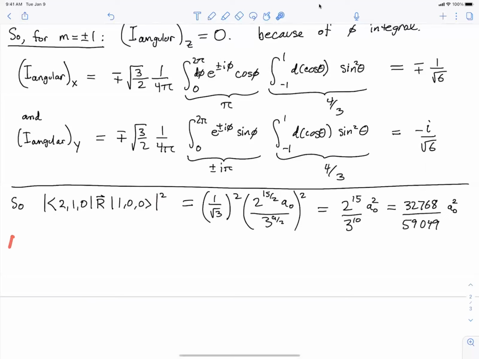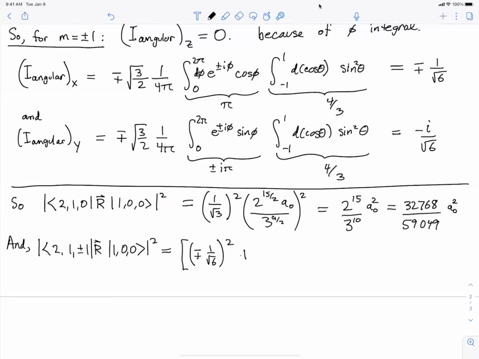Okay, and so we also want those matrix elements. And it's a little bit more complicated because now there's an x part and a y part, but not a z part. So for the x part, I do minus over plus 1 over root 6 squared.